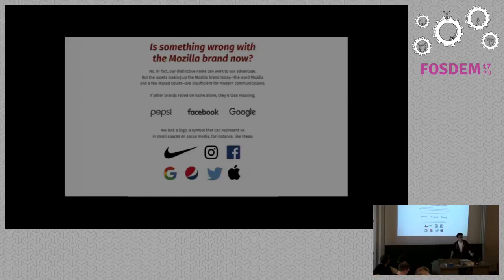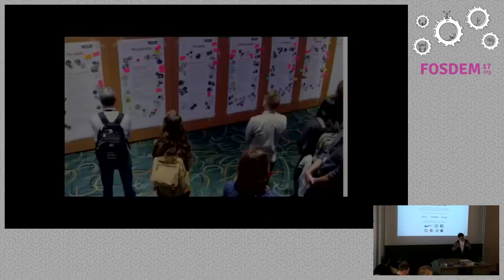For example, this would be Pepsi, Facebook, or Google if it were in the style Mozilla had, like the gray word mark. And we also lacked a proper icon. We had the M, but we didn't really have a color or original style to it, which makes people scream, "Hey, that's Mozilla."